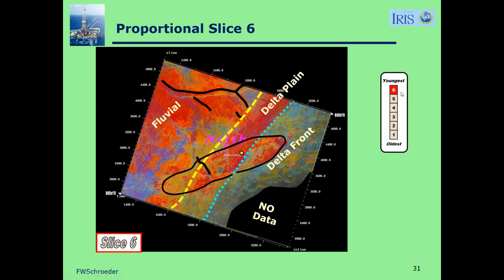And so you can look at these slices and how they vary, and you can talk about times of transgression, times of regression, and you can understand a little bit better how the reservoir quality might vary across the field and as you go through different intervals within the target reservoir represented by these six proportional slices.